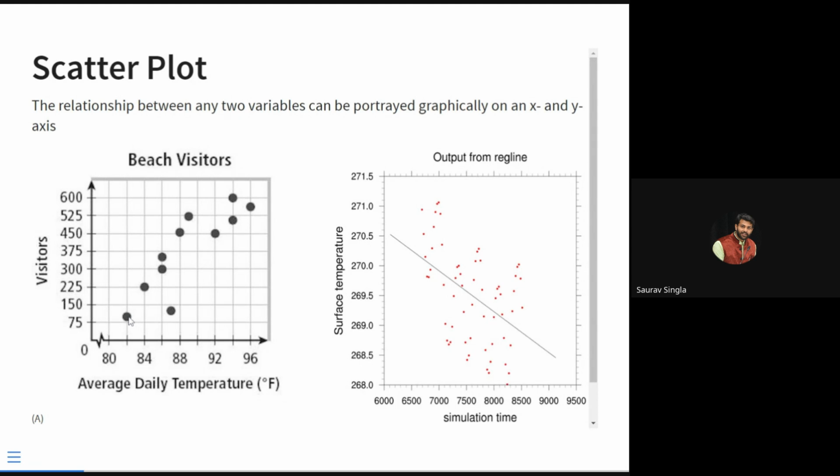If the temperature went to 82 degrees, the number of visitors to the beach was roughly near 90. This is what this dot is telling you. Then when the temperature rose to 84, the number of visitors rose to 225. When it became 86, the number rose even more, to near 300 and 360.